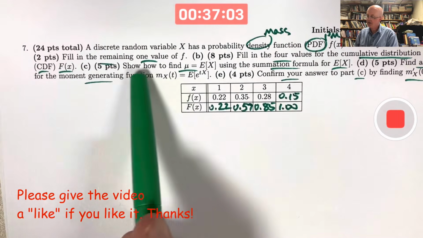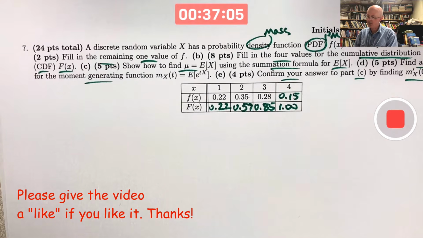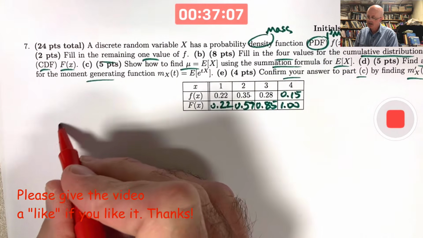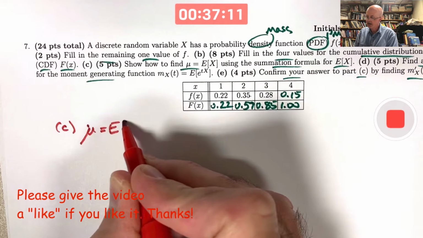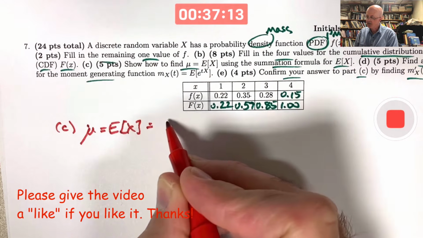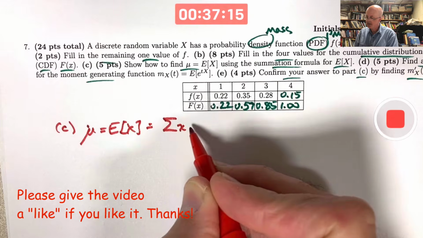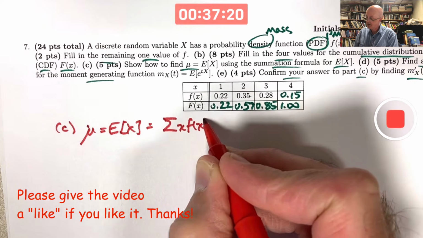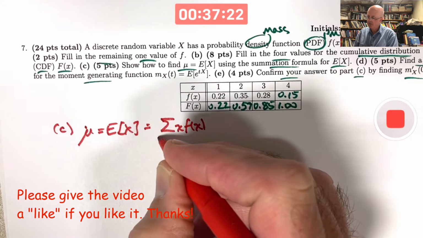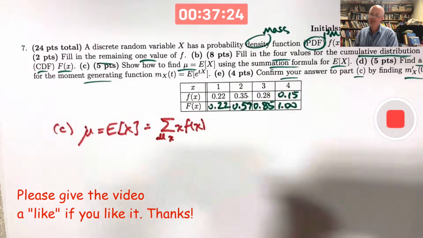On to part C, show how to find the mean with a summation formula, really the definition of the mean. Part C, the mean, mu, also called the expected value of x. The summation formula looks like this. Sum the values of the products little x times little f of x over all x where little f of x is positive.